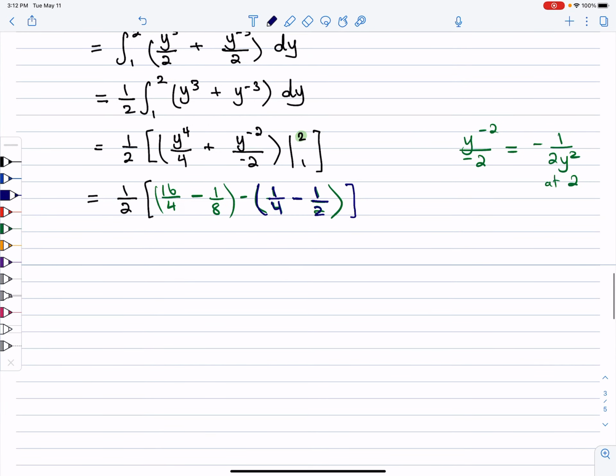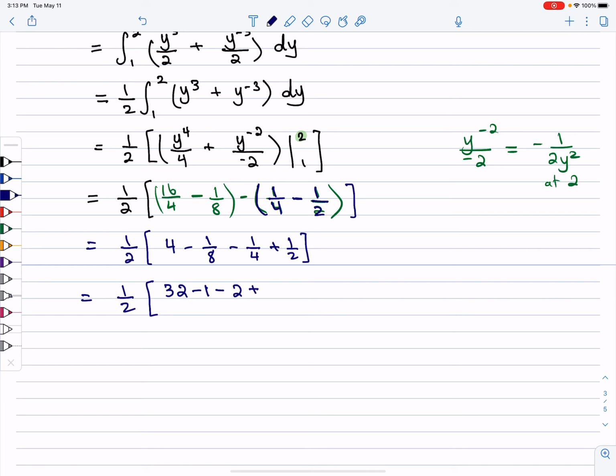Now, if we just finish this up, we have 1/2 times 4 minus 1/8 minus 1/4 plus 1/2. And again, however you decide to go about this, I'm okay. LCD is 8, so we'll have 32 minus 1 minus 2 plus 4 over 8.